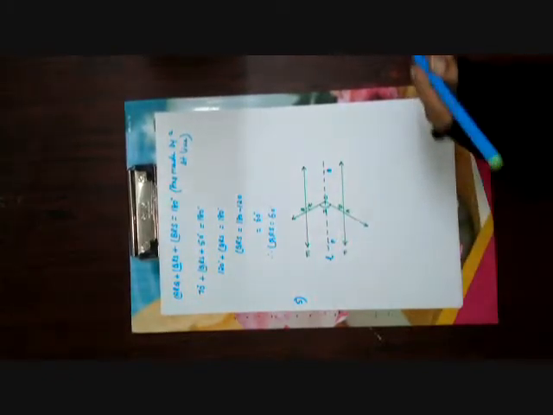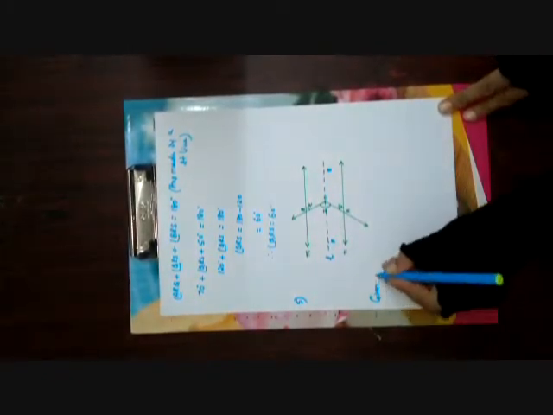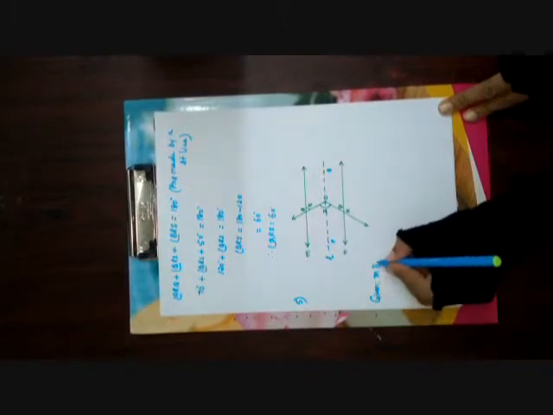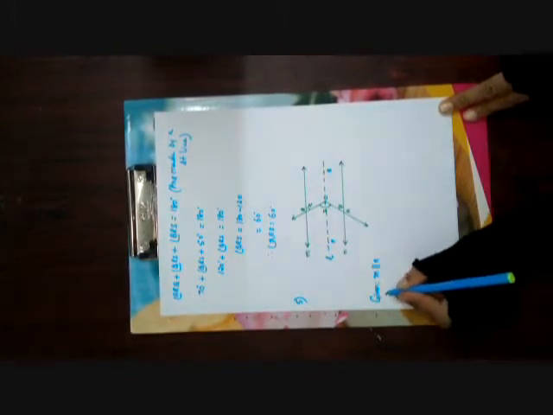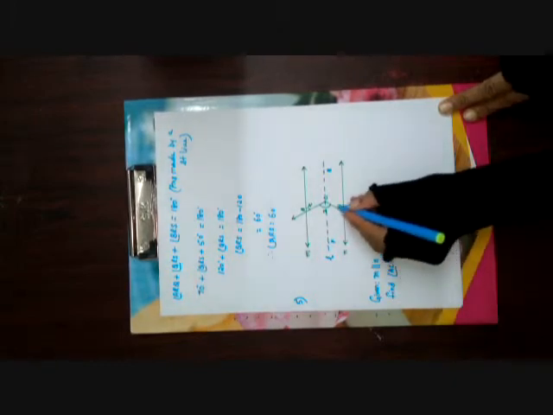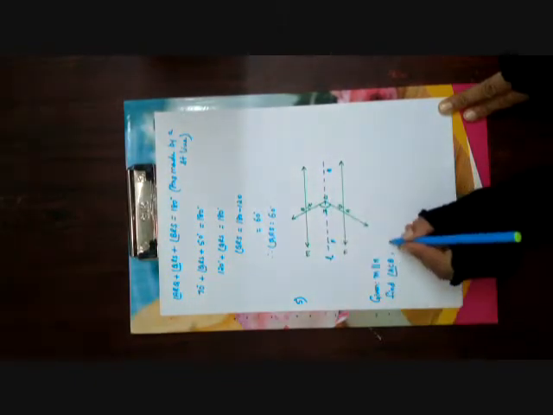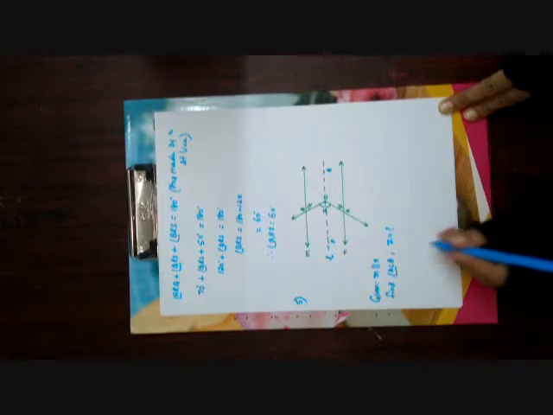Now let us write what is given to us. They have given us that M is parallel to N, and we have to find angle ACB. What is angle ACB? Angle ACB is nothing but Z. That is, we have to find Z is equal to how much.